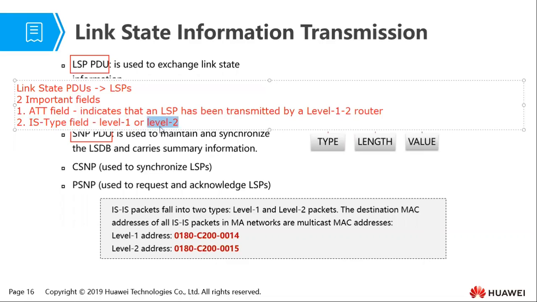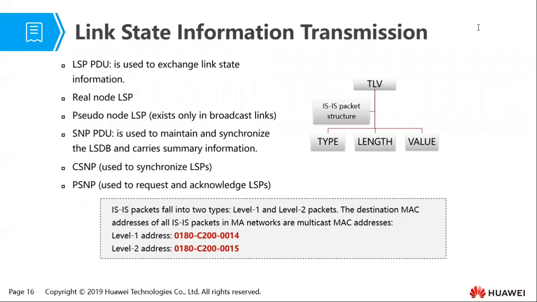If it's coming from a level 2 router, then it's going to have a different value, maybe 1. I'm not very sure at this point. So that's the other thing that I needed to mention about link state PDUs. Okay.